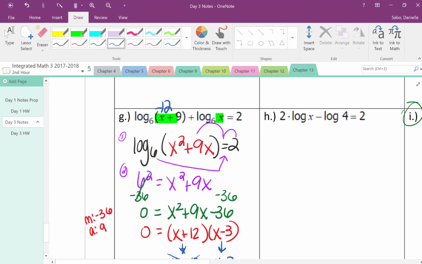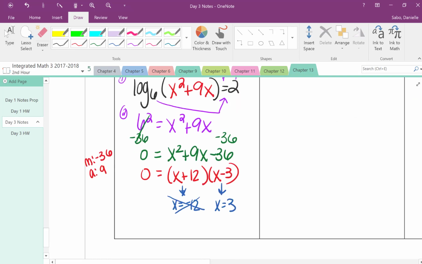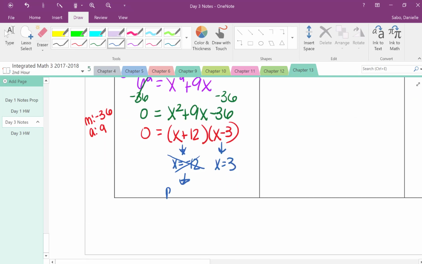I can't have a negative argument, so it's gone. Maybe write that down so that you remember it produced a negative argument. Correct my spelling, whatever it is, please.